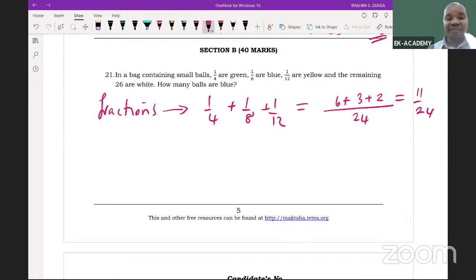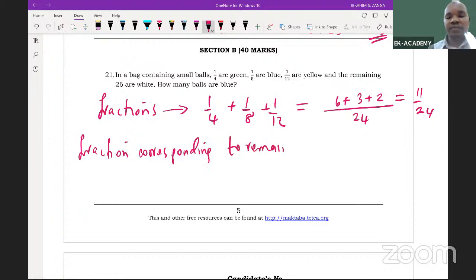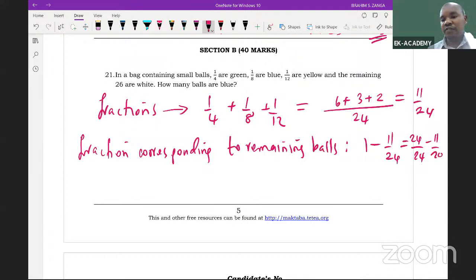So the fraction corresponding to remaining balls, you are going to say 1 minus 11/24, which is 24/24 minus 11/24. When you subtract there, dear friends, you are going to get 13/24.